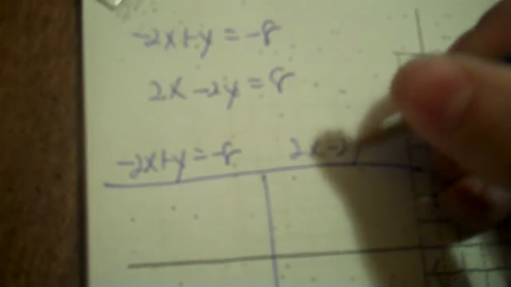Okay, next up, negative 2x plus y equals negative 8, and 2x minus 2y equals 8. Okay, are the y's by themselves? Not even close on either of them.